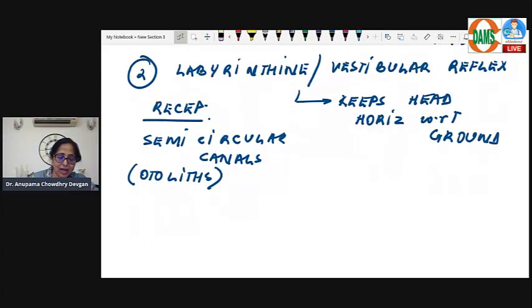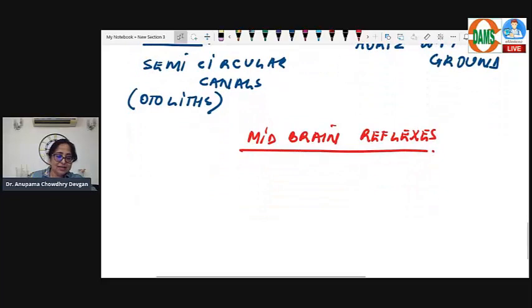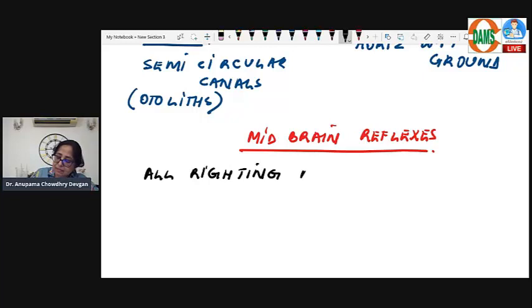Let's see what the midbrain reflexes are. Midbrain reflexes are all righting reflexes. These are integrated in the midbrain. Now, what is a righting reflex?